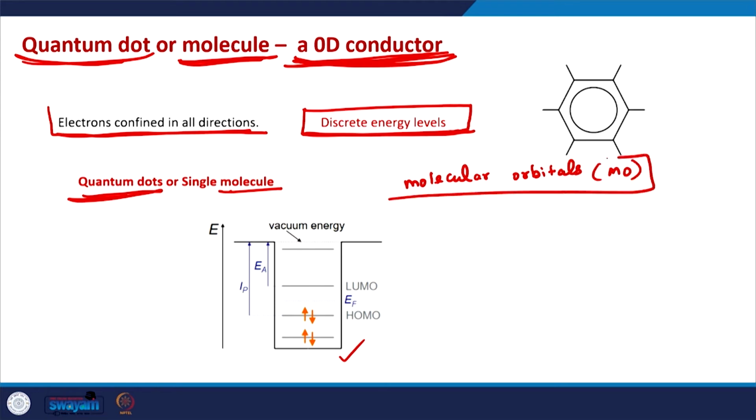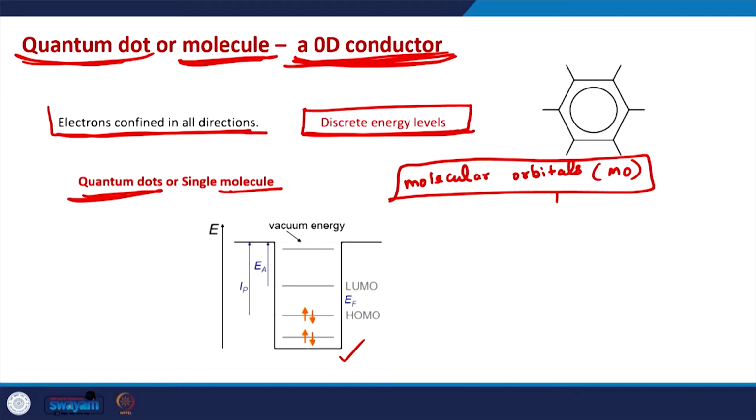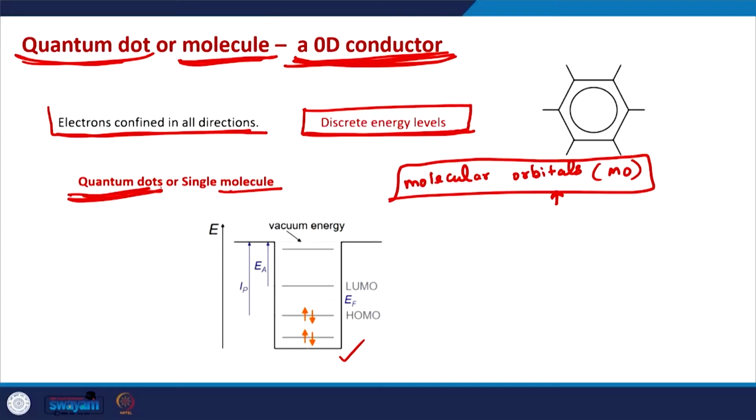Electrons in different atoms interfere with each other, and due to this interference of various electronic wave functions, molecular orbitals are formed in a molecule. These molecular orbitals essentially belong to the entire molecule, they do not belong to a particular atom in that molecule. Similarly, in quantum dots as well, we talk about discrete energy levels, and these are the molecular orbitals of the quantum dots.